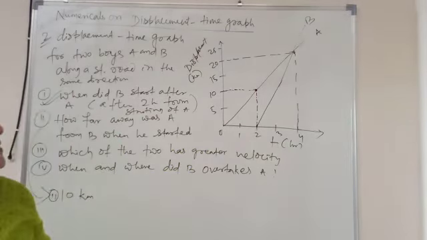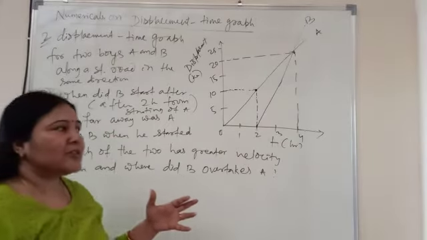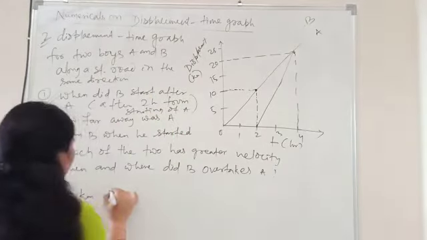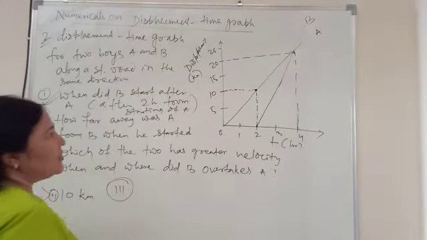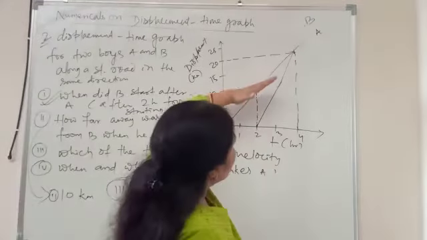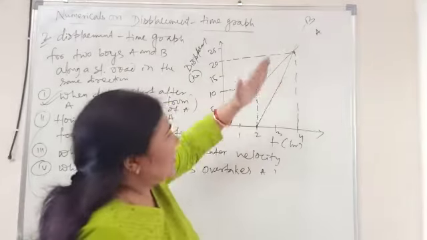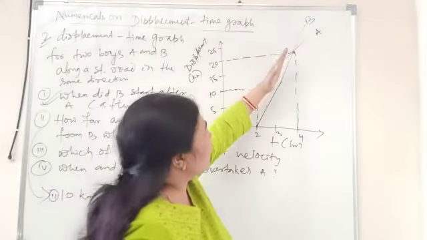Third point is, which of the two has the greater velocity? When two displacement time graphs are there, to find out which has greater velocity, remember whose slope is higher. So you can look at, this is A's graph and this is B's graph. Slope will be higher, that means inclination will be higher. So whose inclination is more?